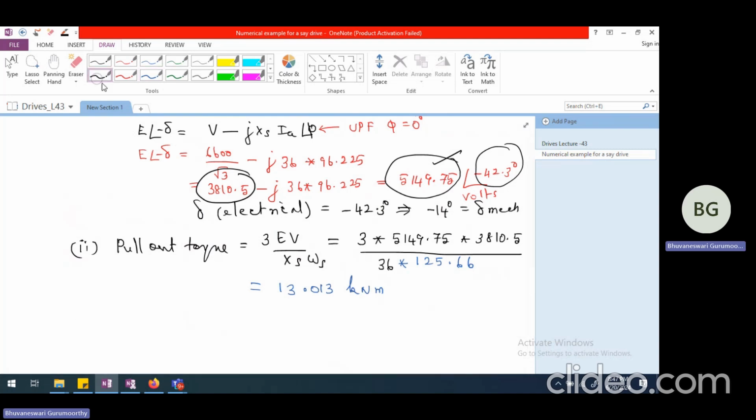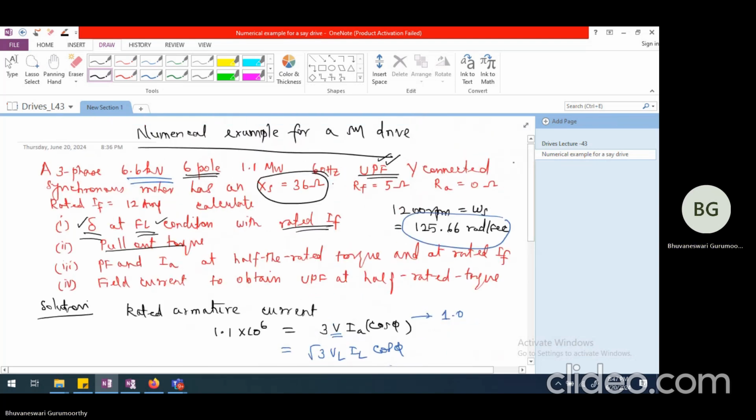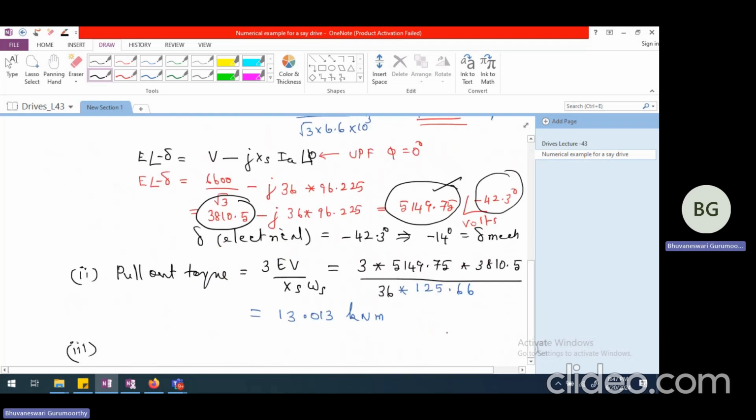Now the third subdivision, what is being asked in this particular case. The third subdivision is power factor and armature current at half the rated torque and rated IF. So IF remains the same.